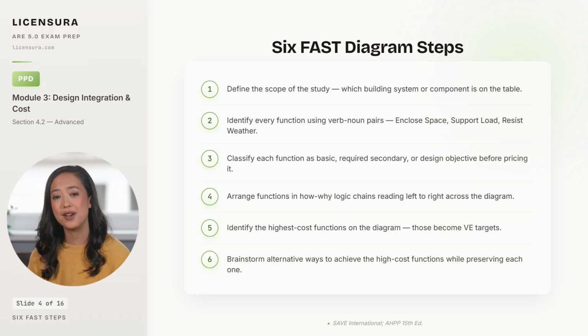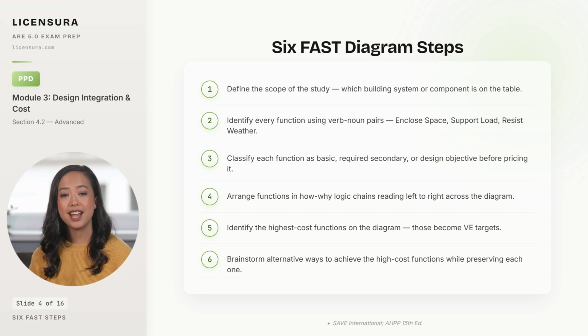Third, classify each function as basic, required secondary, or design objective before anyone prices it, because classification determines which functions are protected and which are VE targets. Fourth, arrange the functions in how-why logic chains reading left to right, left for how, right for why. So each function has a stated purpose anchored above it.